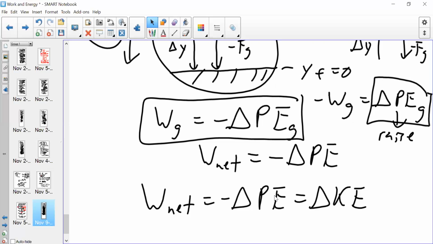Does anybody not see that? I let an object fall, I'm losing position, AKA I'm losing potential energy. But at the same time as that object falls down, I'm increasing its speed. Therefore, this guy is positive.